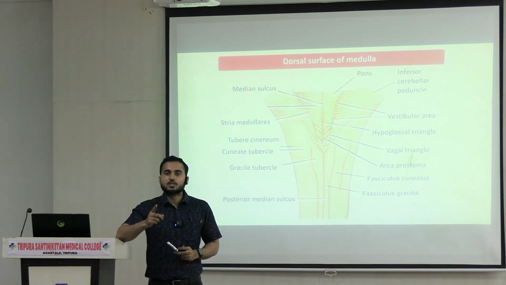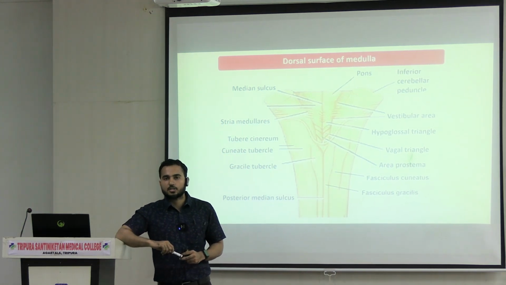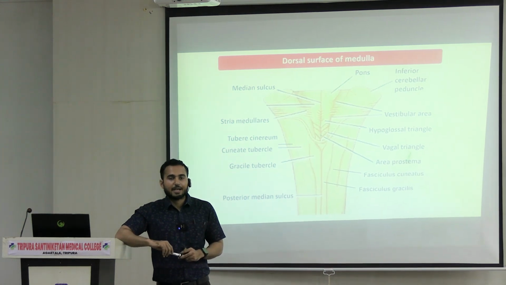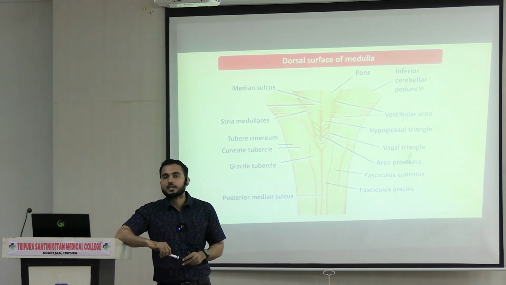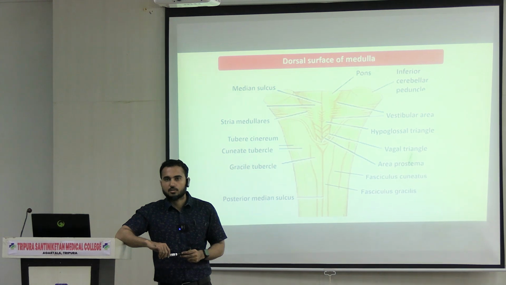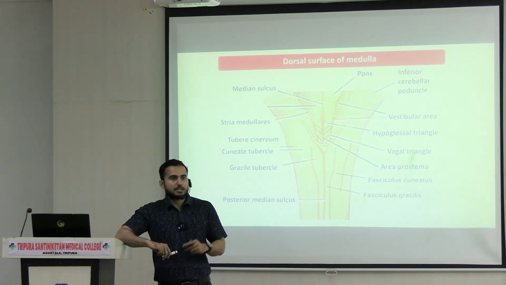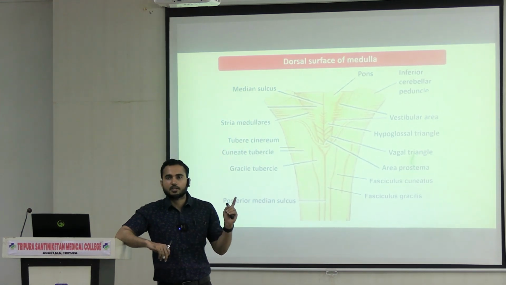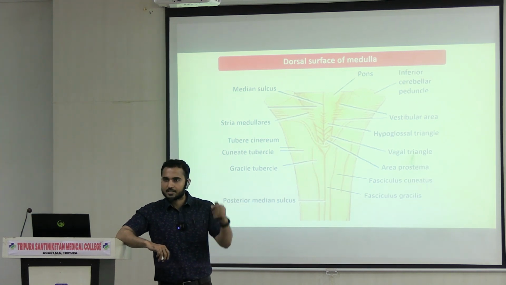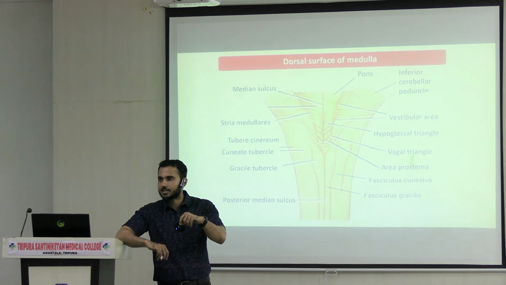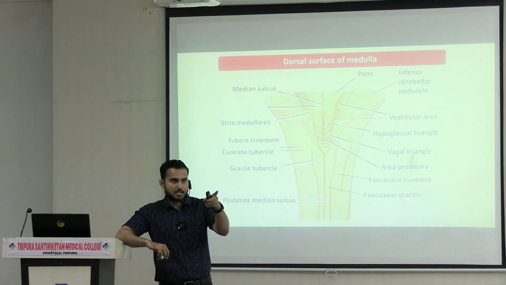In the pons, it is the floor of the fourth ventricle, or you can say the fourth ventricle. And in the midbrain, it is the aqueduct of Sylvius. These things I already showed you that day while explaining the CSF flow, how CSF is produced and how it flows.